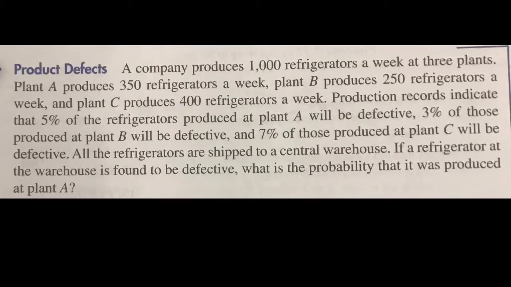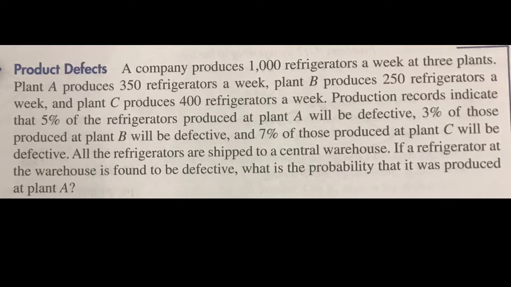All right, so for this example, it's an application problem. I know it seems a bit wordy, but let's just get right to it and read it. It says a company produces 1,000 refrigerators a week at 3 plants. So there's plant A, plant B, and plant C. Plant A produces 350 refrigerators a week. Plant B produces 250, and Plant C produces 400 refrigerators a week.